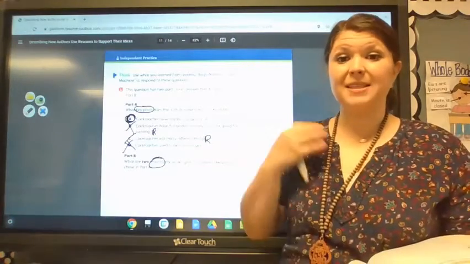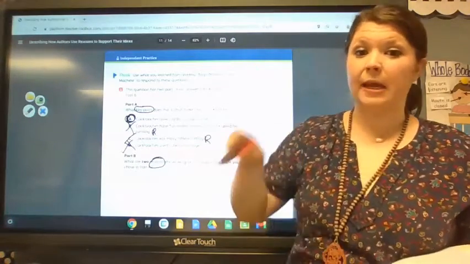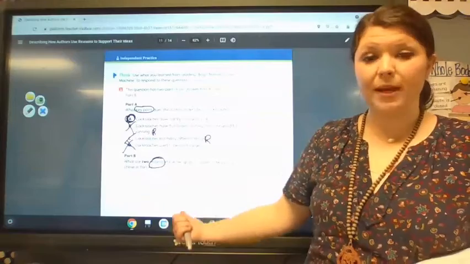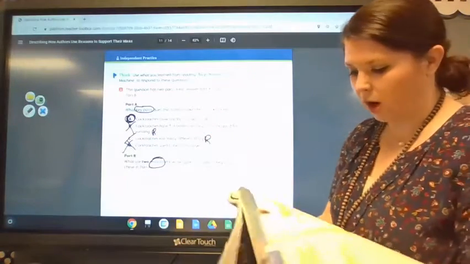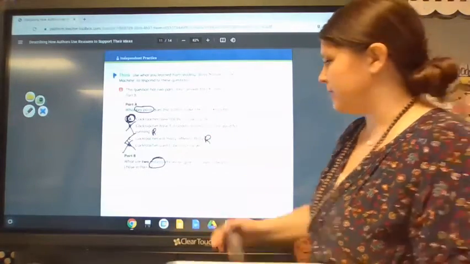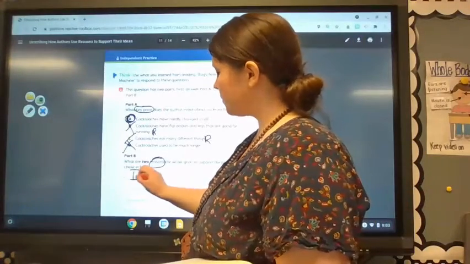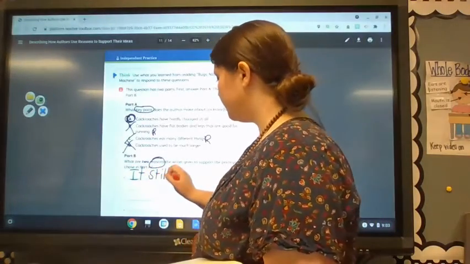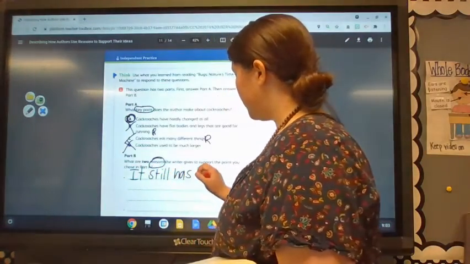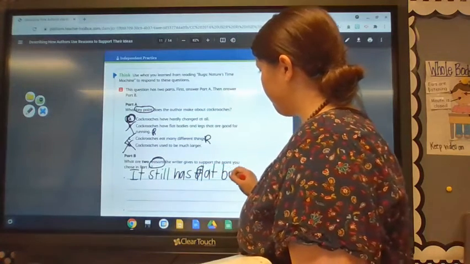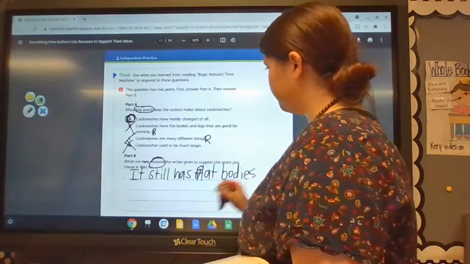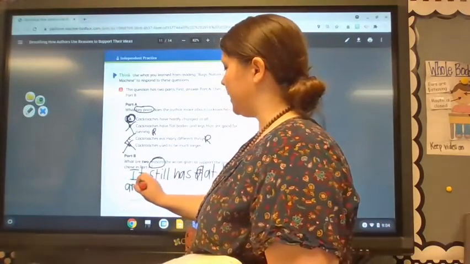That lets me know that it's still the same way that it used to be. So that is a reason, an explanation for why cockroaches have not changed at all. So you need to write those sentences. It still has flat bodies and legs for running.